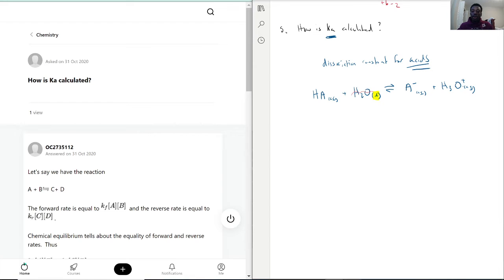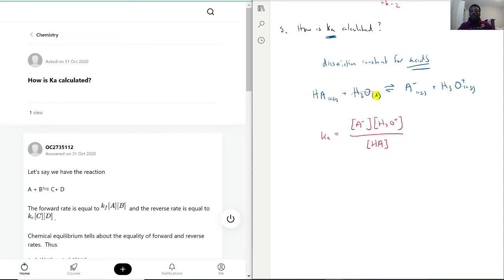So as I said, products over reactants, we have Ka equal to the multiplication of products, A minus concentration and H3O plus concentration, divided by HA. Okay, so this right here would be how you calculate Ka.